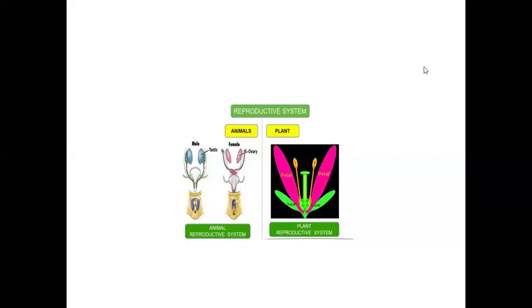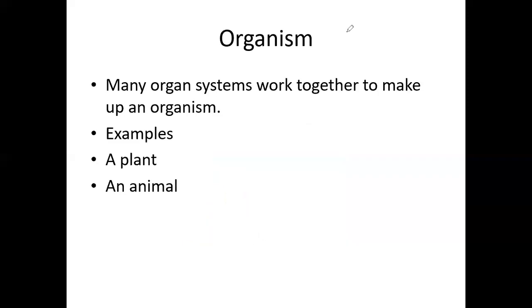Now, organism: many organ systems work together to make an organism. Many organ systems: digestive system, reproductive system, excretory system, you can say the nervous system of your body.